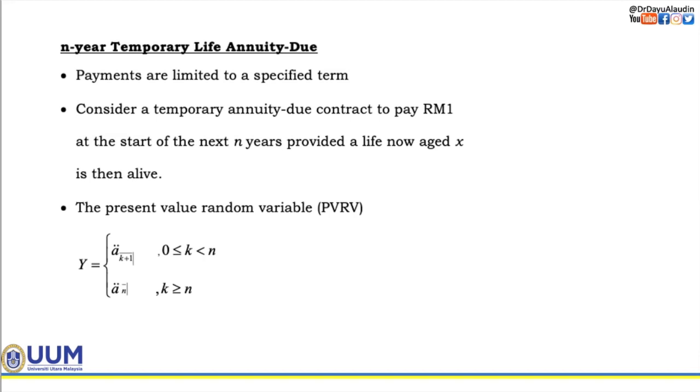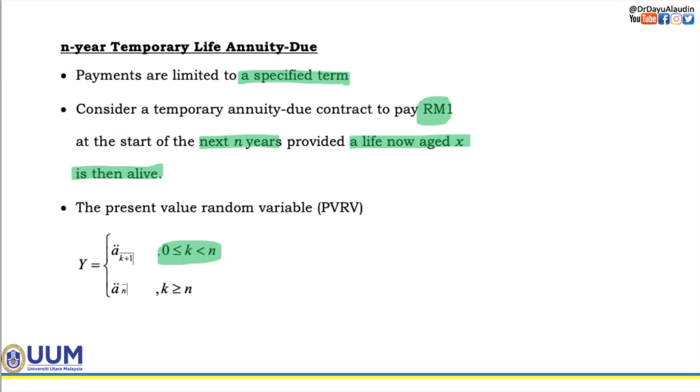And then the third one is n-year temporary life annuity due. So it is paid for a specific term. Let's say we assume 1 ringgit for each interval for the next n years, provided a life now aged x is then alive.